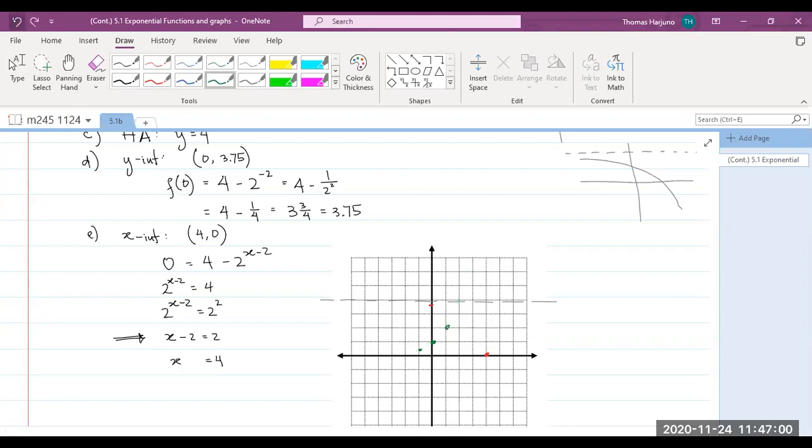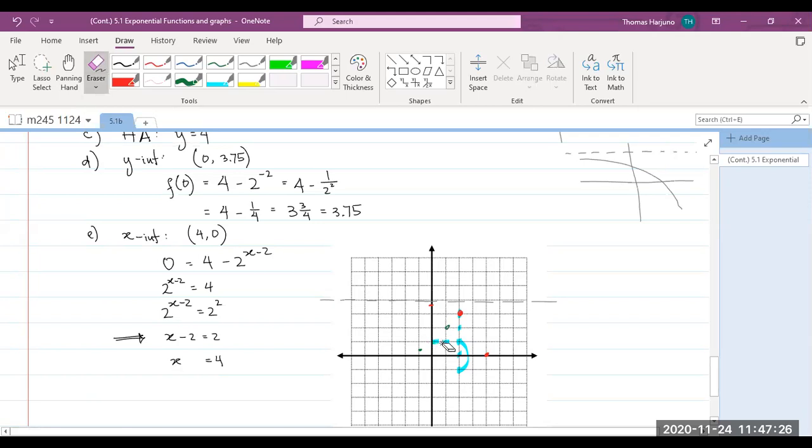Now use these 3 important coordinates and do the movement. What's the movement? 2 units to the right, upside down, and then up 4. 1, 2, 3, 4. So that y-intercept will later on land here. That's for the y-intercept.